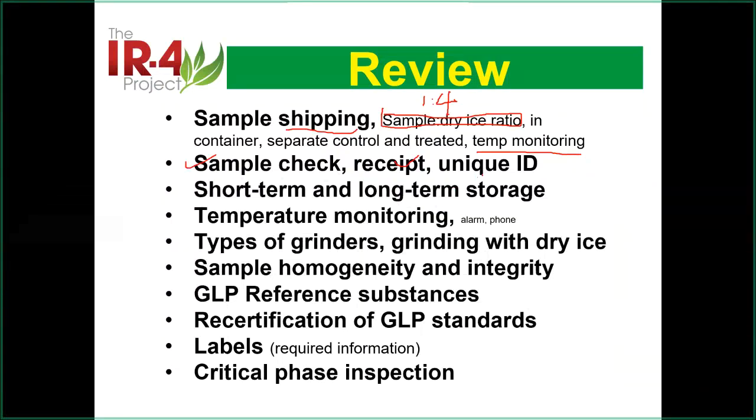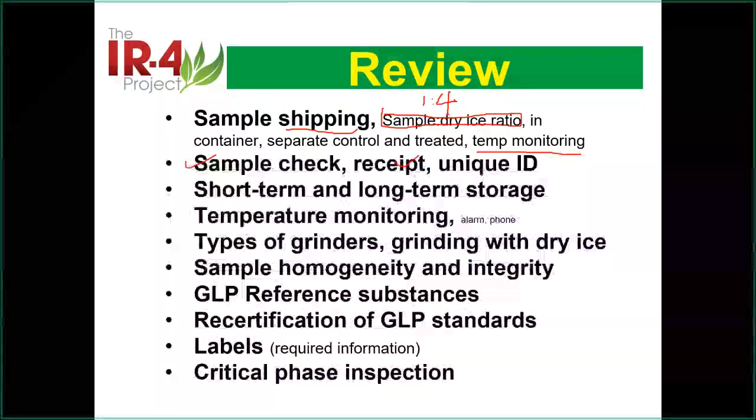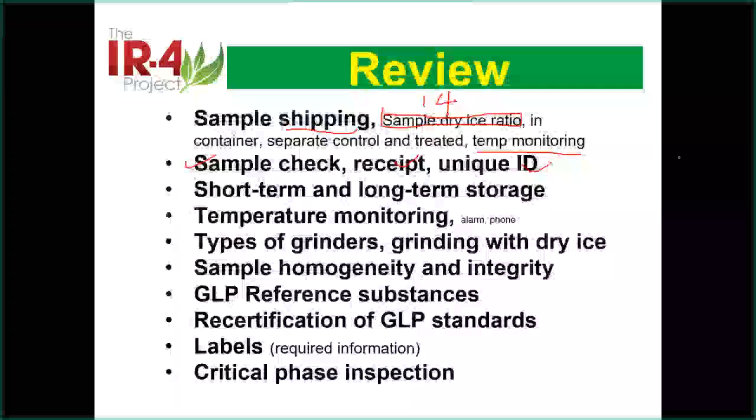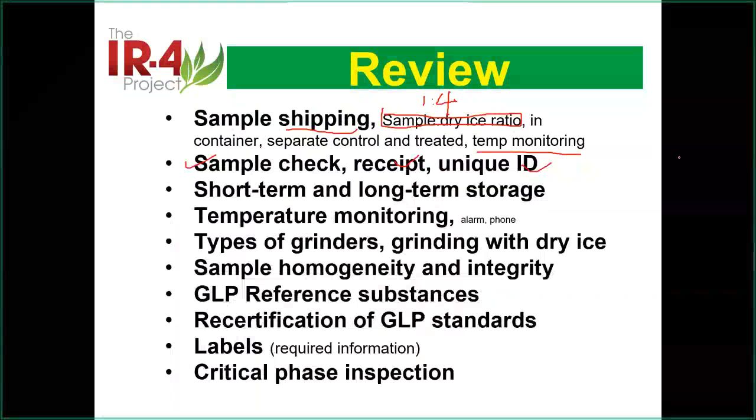So all related people will get a copy of the receipt. That means the sample arrived at the lab safely. So you also need to have a unique lab ID. So from now on, you only work on the sample with this ID. So all the samples are treated equally the same.